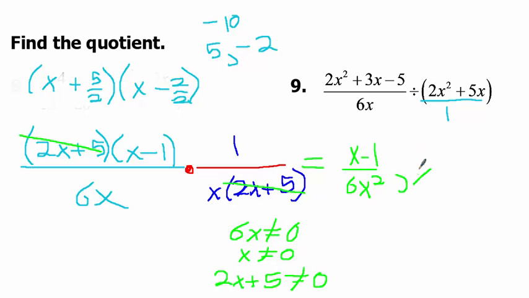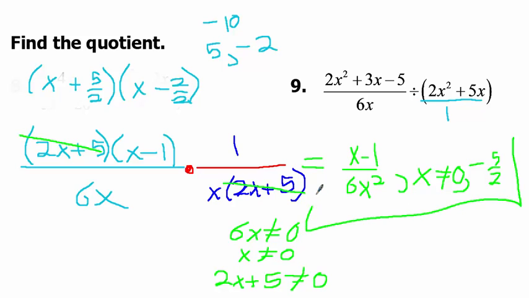So that means that x cannot equal 0, or this one comes negative 5 over 2. Okay, so do the extra step of copy dot flip-flop and make sure that everything that is in these 3 positions cannot equal 0.